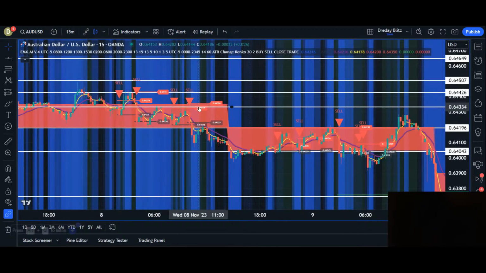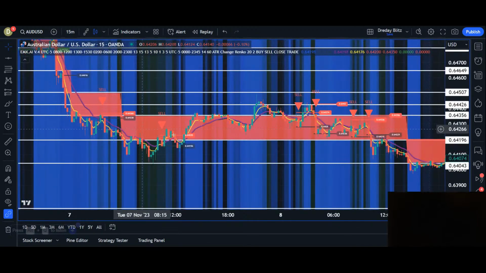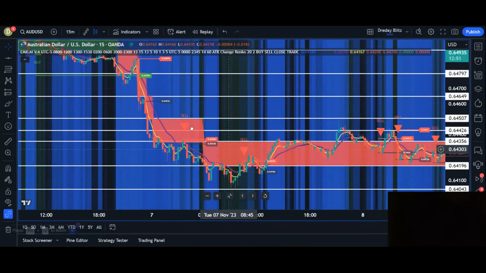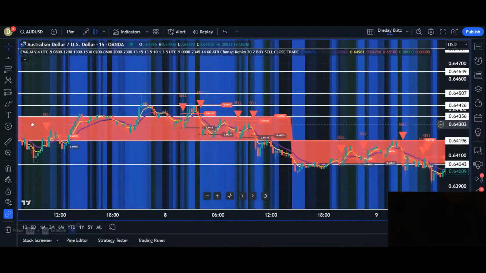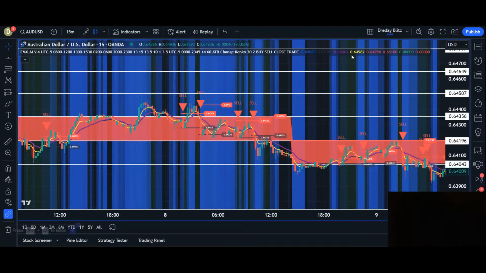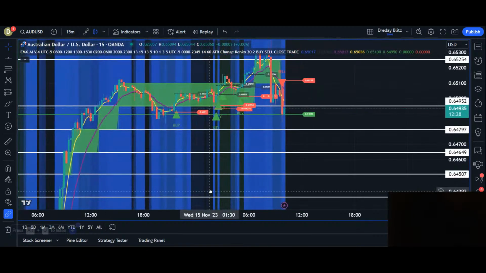I'm just going to put it here. Okay, perfect. So let's remove this one. I think it's more than enough zones based off of our current price. So as you can see, those are the zones.